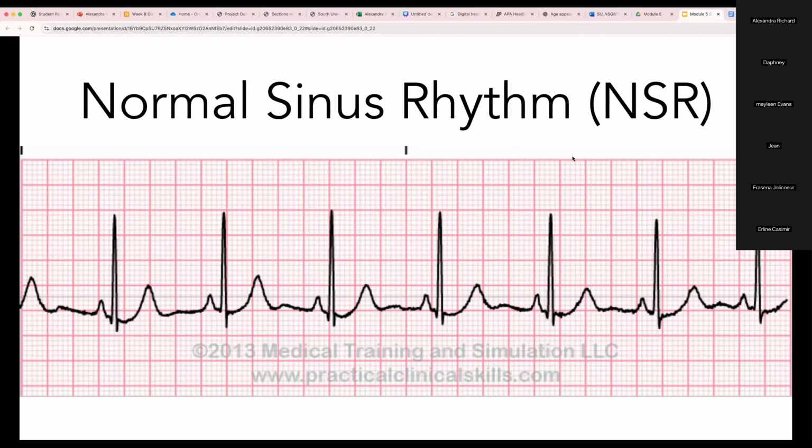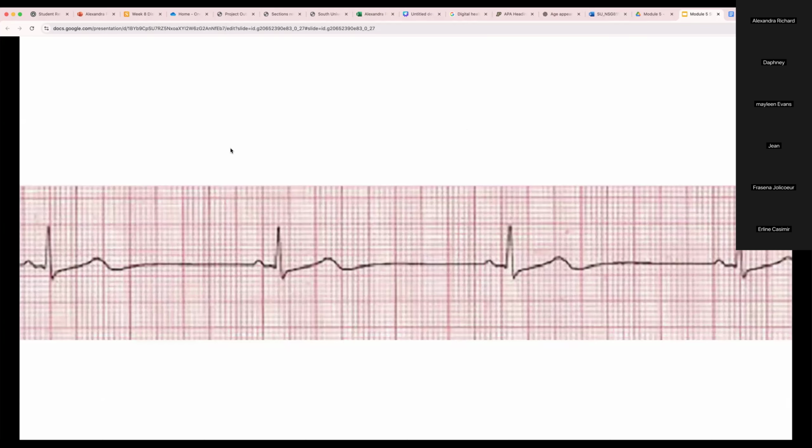This is a sinus rhythm because there is a P wave in front of every QRS, and the QRSs are always the same distance apart, right? And then when you count the QRSs, you get 1, 2, 3, 4, 5, 6, 7. So the heart rate is 70. Normal sinus rhythm. Very good.